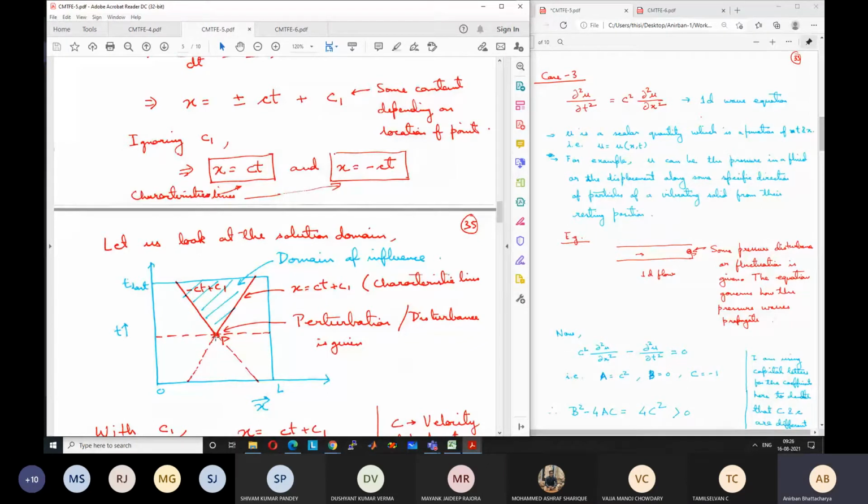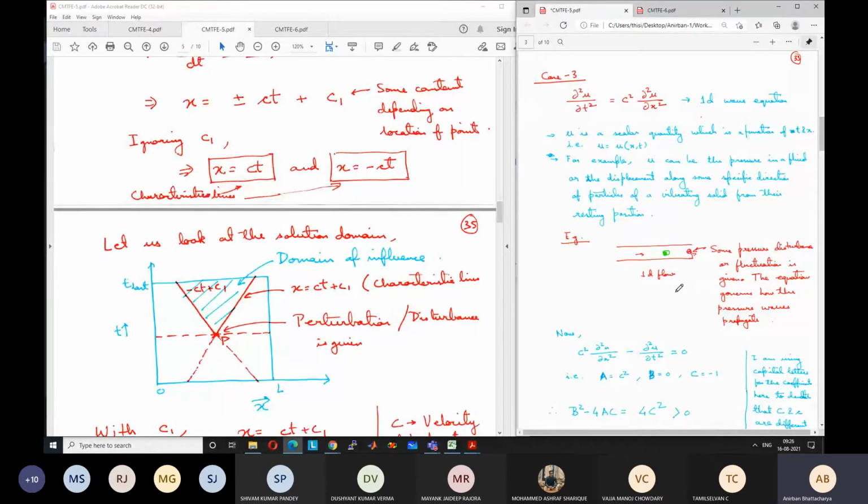This was the problem, right? I have given a pressure fluctuation at this point. This is the x coordinate and this is the time coordinate. At a certain time, I have given the pressure fluctuation at this point. So how fast will this pressure travel, and in what directions?